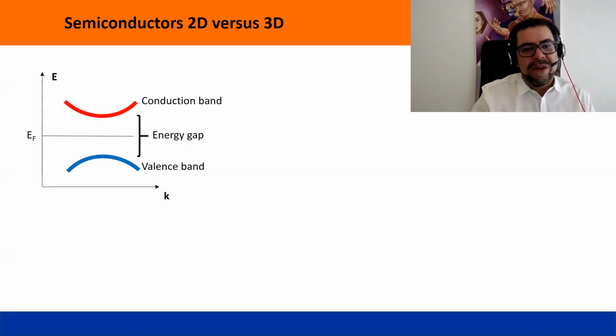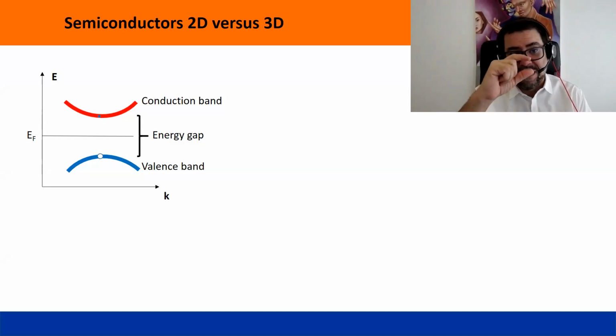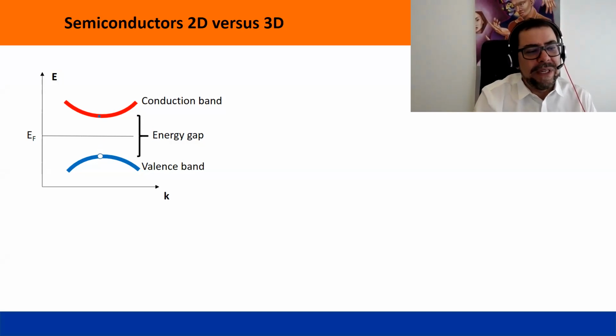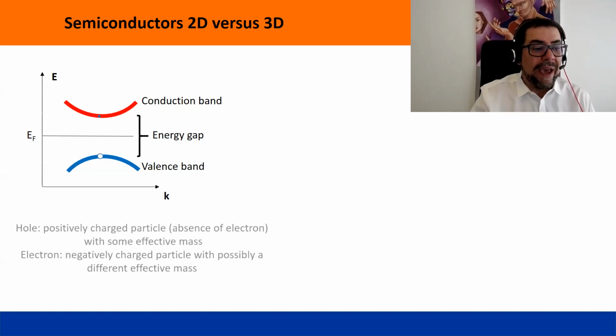Okay, so when you excite an electron from a state in the valence band to the conduction band, you have to give it enough energy to overcome this gap in between the 2. You create what's called an electron-hole pair.